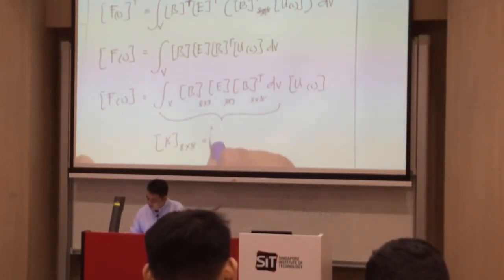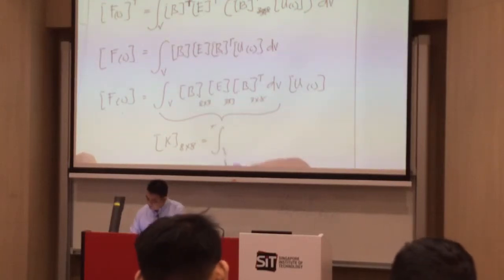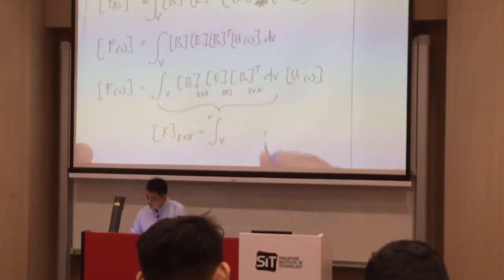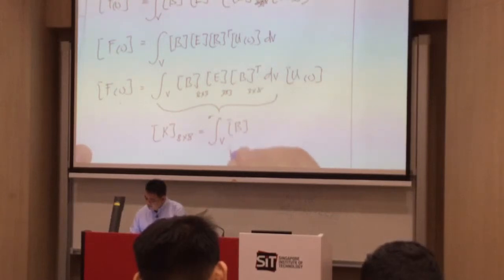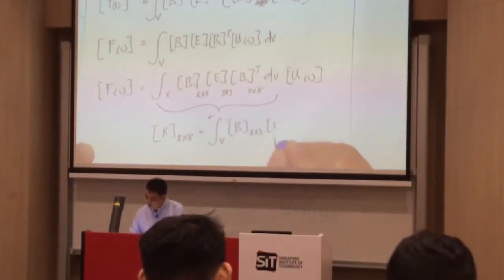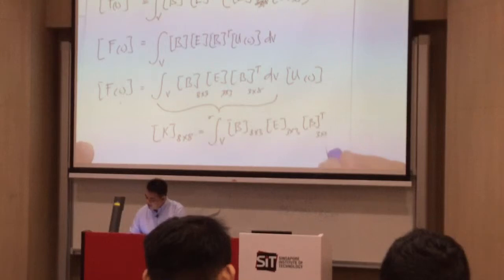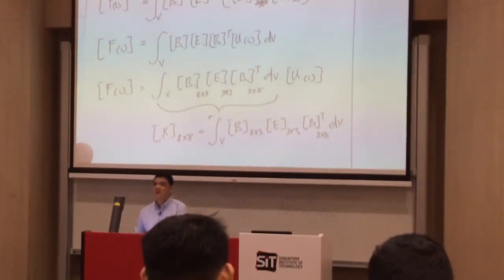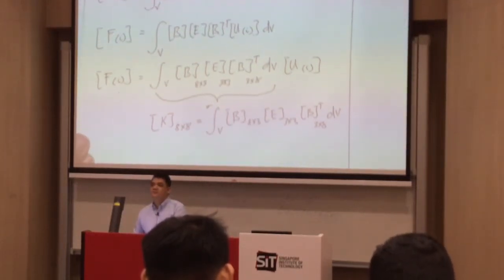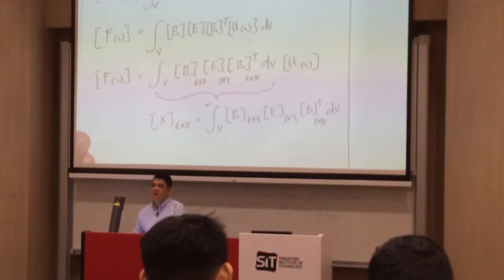And this one will be equal to the volume integral B, 8 by 3, E, 3 by 3, B transpose 3 by 8, dV. So you have now an 8 by 8 stiffness matrix.